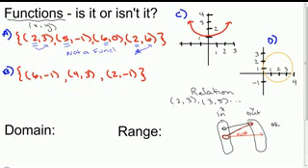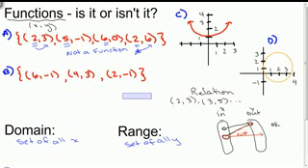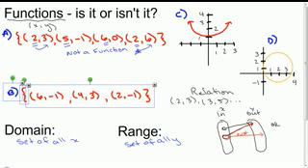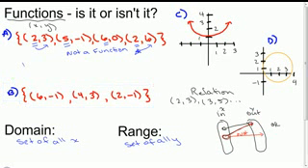I can still talk about the domain and the range of this relation. The domain is the set of all x values, and the range is the set of all y values. And so I can say that the domain of relation A would be 2, 5, and 6.